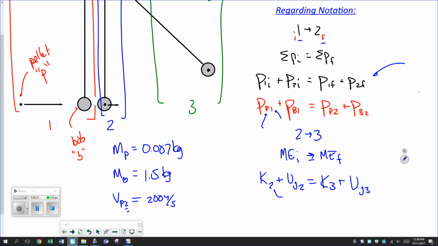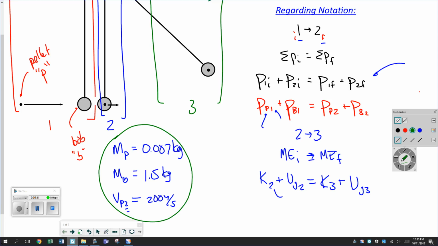And I will tell you, not that I need it to be easier for me, but I will be able to tell a lot more easily, if you make this list, that I can just say, oh, this person thought this was the pellet at instant 1, but now it's instant 2. Okay, I see what they did there. So consider writing yourself a list of things you know.